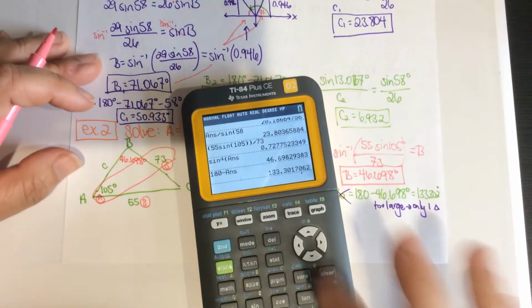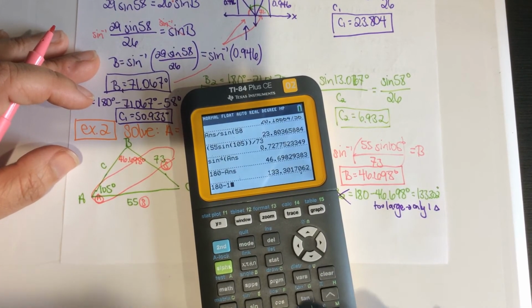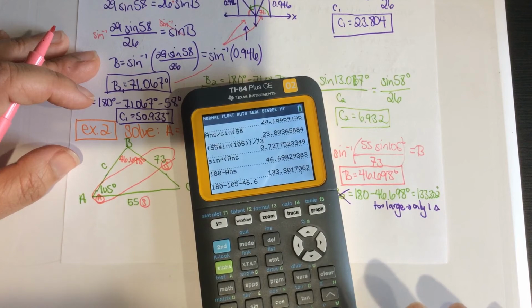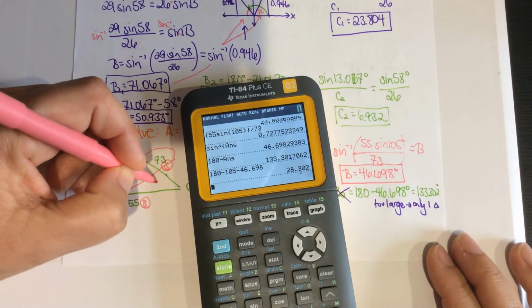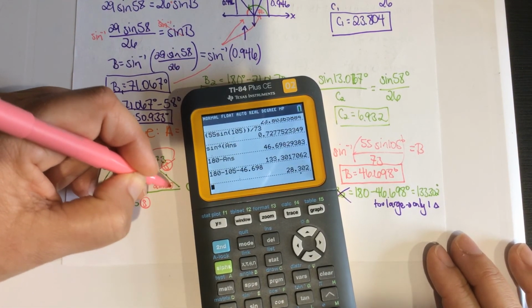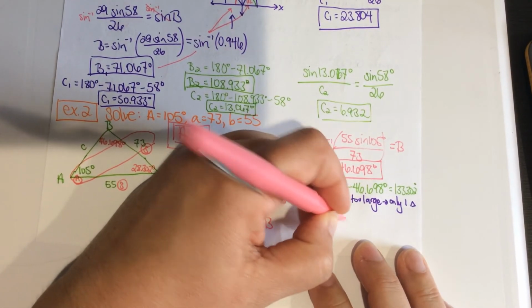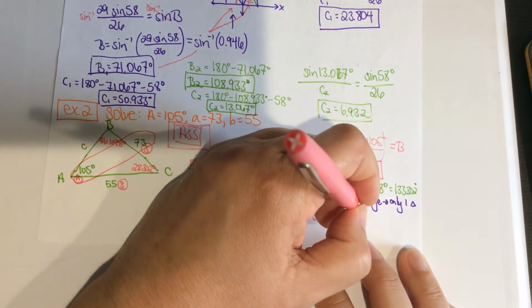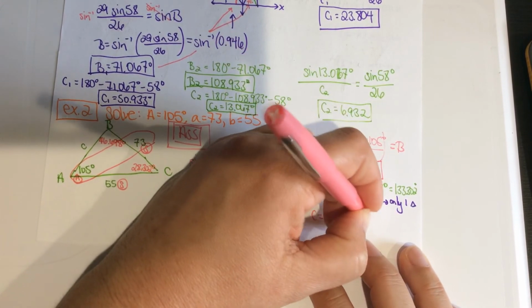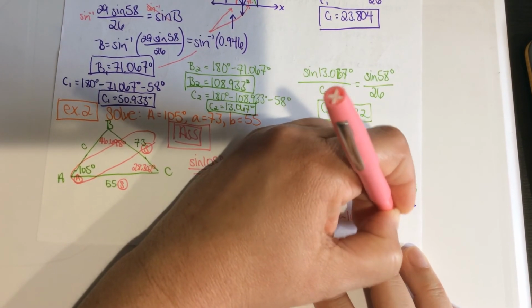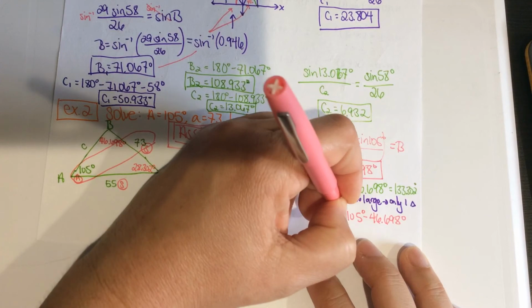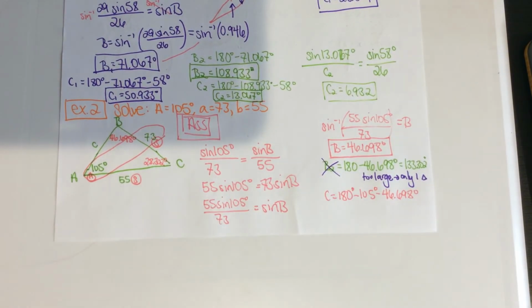46.698. I'm going to find angle C by going 180 minus. I'm going to get 28.302. Let's write that down. Angle C is 180 minus 105 minus 46.698. And I'm running out of paper.